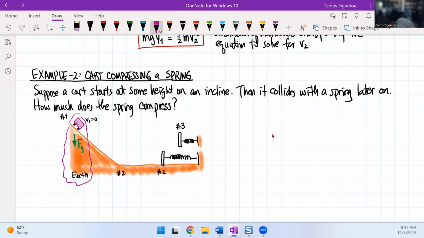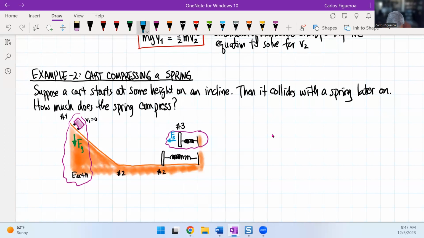Now, if I look at this guy right here at state 3, what I'm going to see is that in this system, I'm going to have a spring force. What do I know about this spring force? Spring forces do not change the mechanical energy of the system.